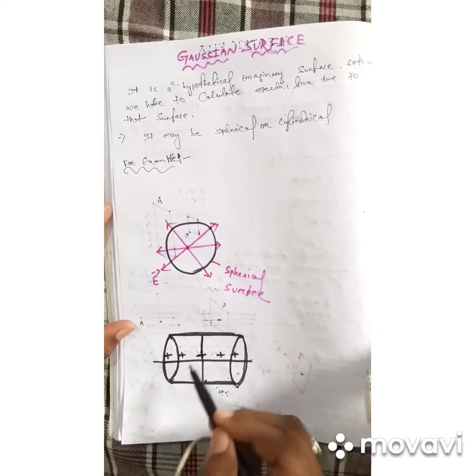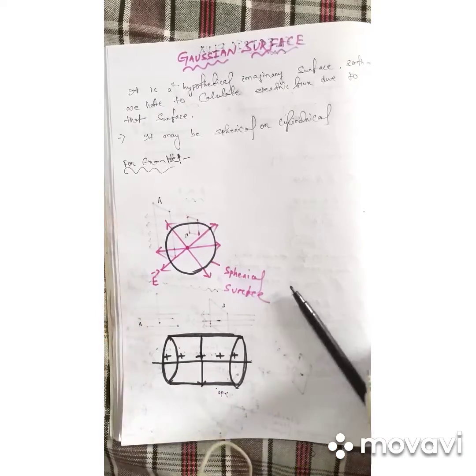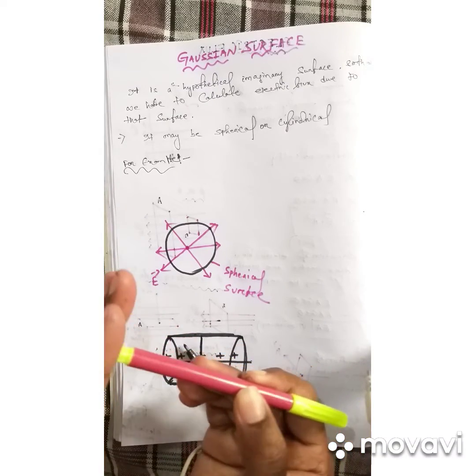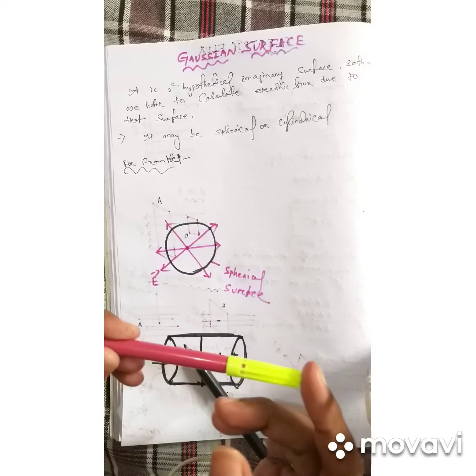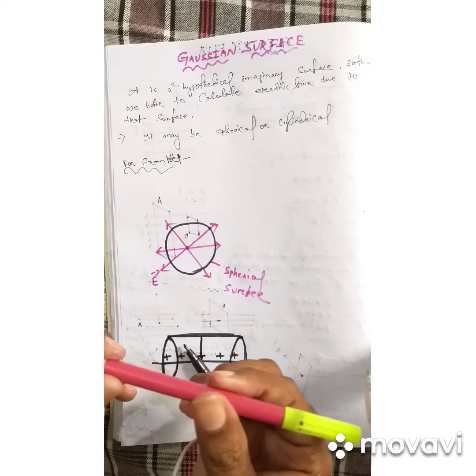This is curved because this is a cylinder. This is one surface, the second one is another surface, and the third one is another surface.